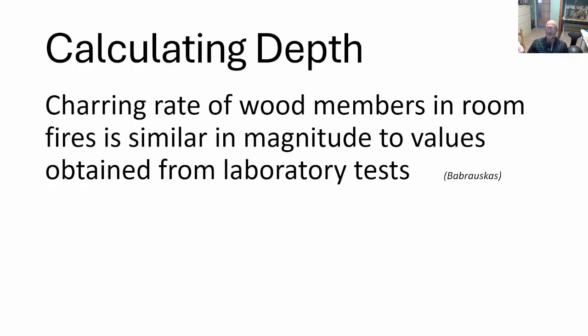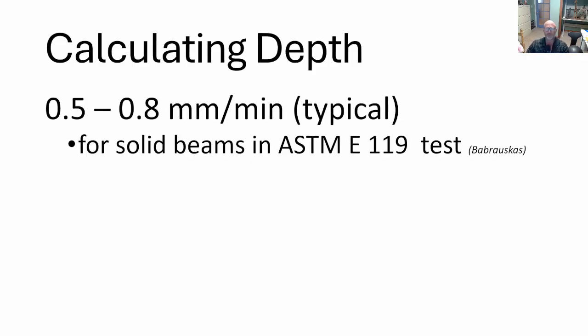rates. So what you can conclude is that for charring where empirical data is collected from laboratory tests, those char depths and the times to achieve those depths can be replicated in real fires if the conditions for the fire are firmly understood.